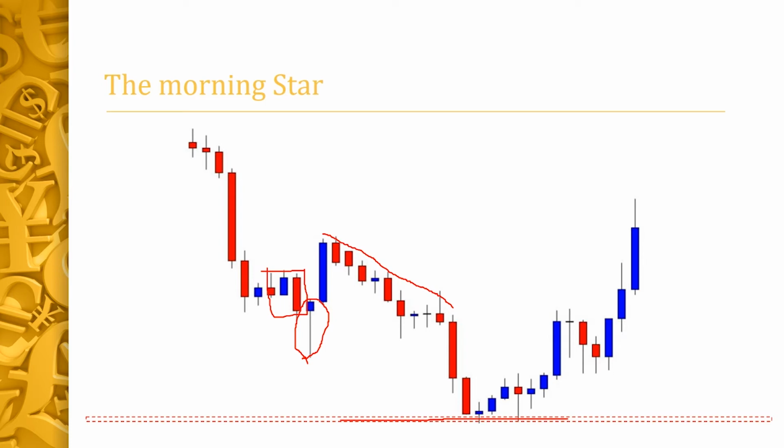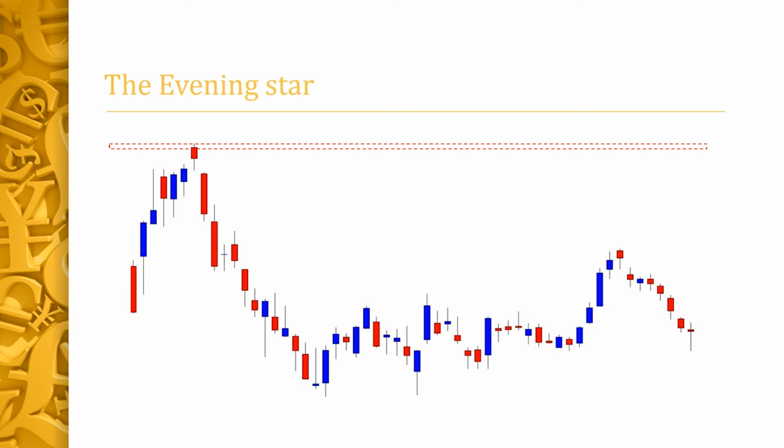Because there was surely no support at this level at all, that was not a good pattern to trade. But when you have support, especially if it's a strong support, then you're good to go and take the trade.